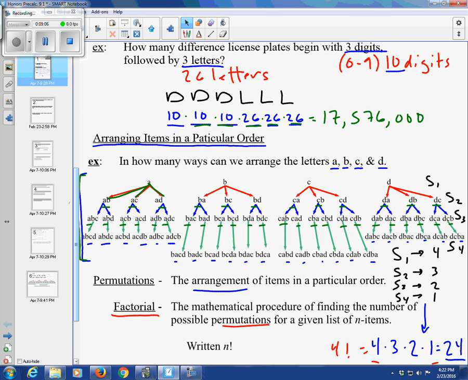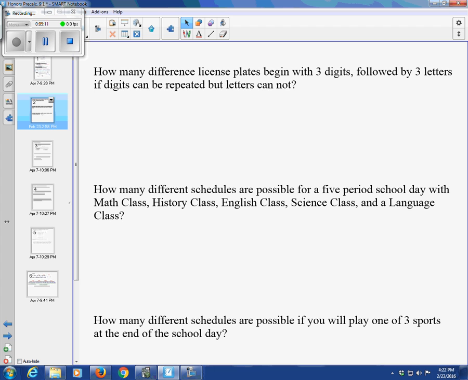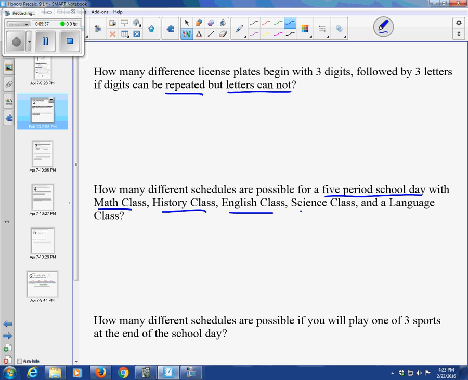Okay, so we're going to let you try some problems on this next page. Here we have: how many different license plates begin with 3 digits followed by 3 letters if digits can be repeated but letters cannot. I want you to give that one a shot. Also look at how many different schedules are possible for a 5-period school day with math class, history class, English class, science class, and a language class.